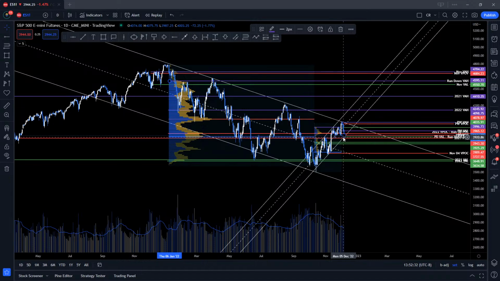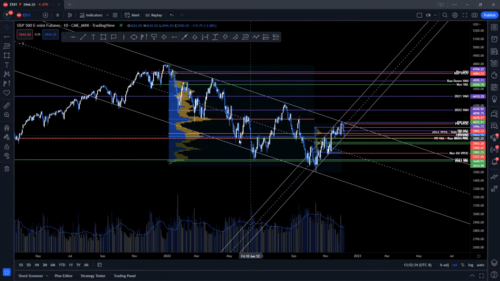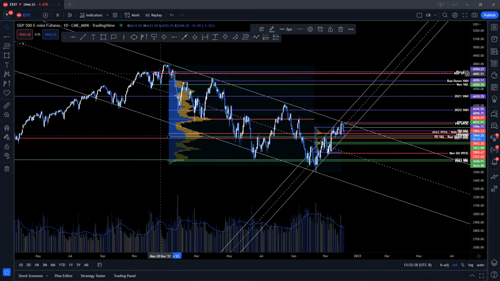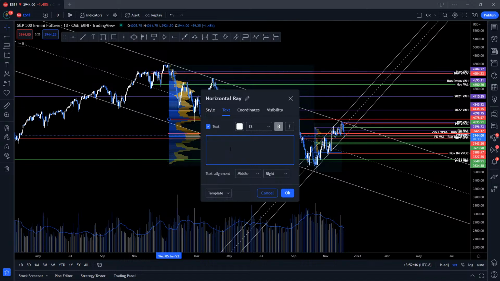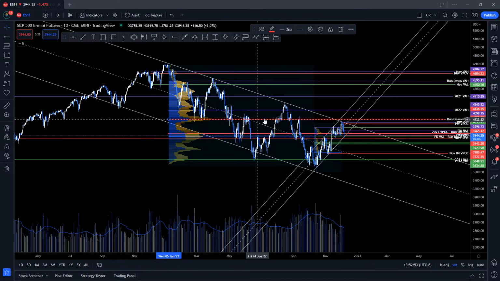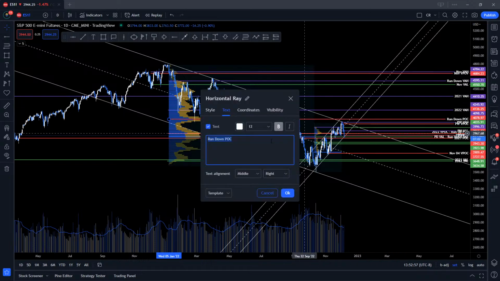I should actually do this because I'm very anal. All right. And then my rundown POC is here. Oh, and actually this is still a virgin point of control.